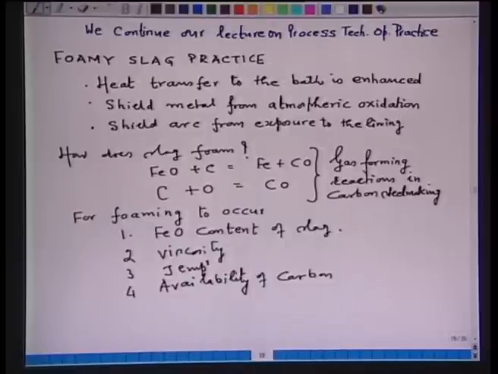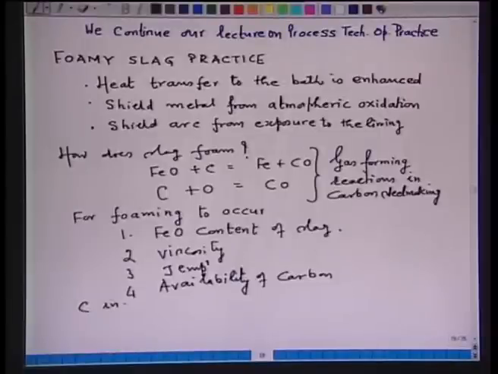Also you have to inject oxygen also. If there is a proportion of sponge iron or a hot metal, then carbon content of the bath is available, and accordingly the carbon monoxide reaction will be there. So, what I wanted to say is that the availability of carbon has to be ensured.